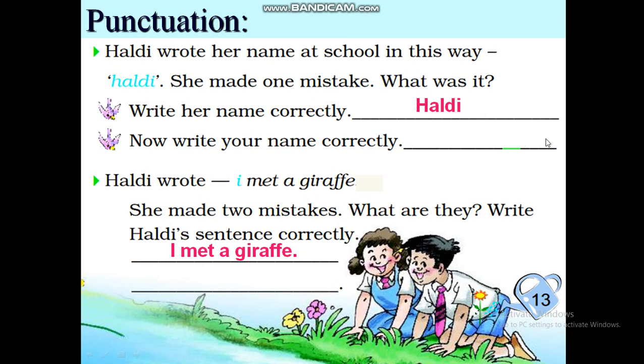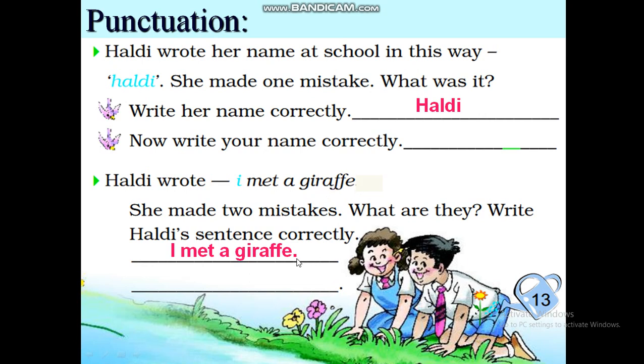And in the second part of this exercise, Haldi wrote, i met a giraffe. I is a letter which begins the sentence and which should have been in a capital form. And after giraffe, she did not put a full stop.